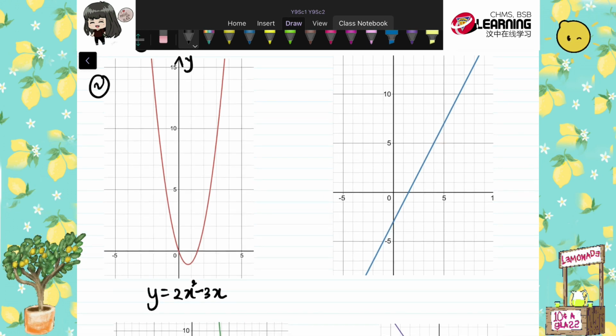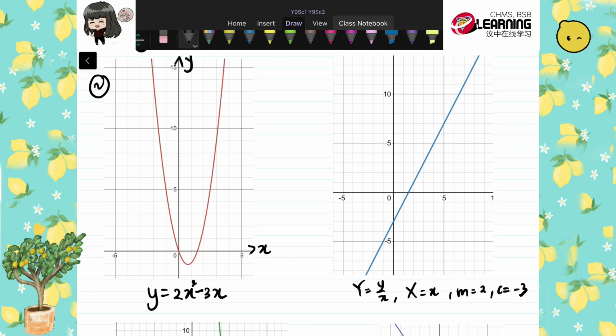This is basically your Y over X, Y against X, small letter Y and small letter X. And to convert this to the linear form on your right side, just now we already divide by X, right? And your big Y is your Y over X, and your big X is X. Your gradient is 2 and your C is negative 3, correct?